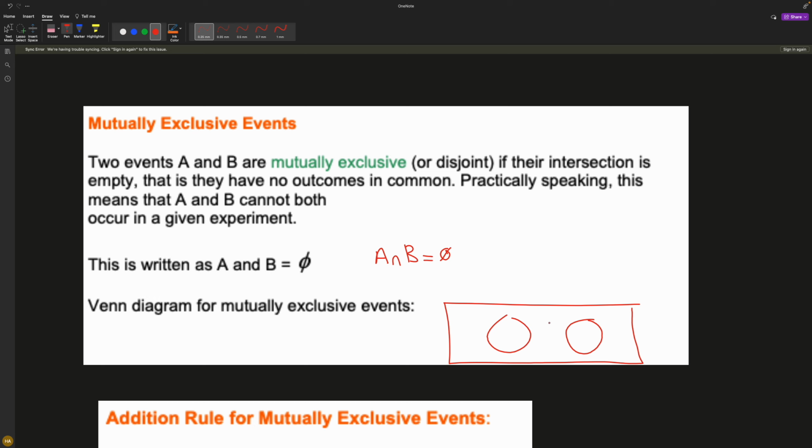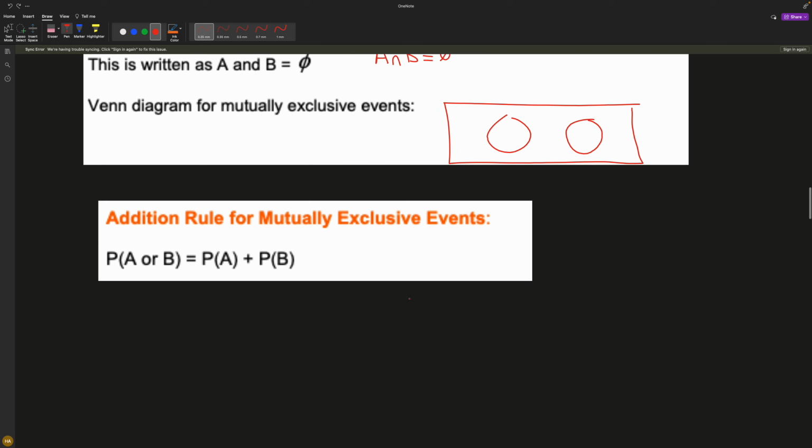Why? Because there's nothing in between. When you have two separate circles, the area in the middle would be your A intersect B. But since there's no area in the middle, their intersect is just nothingness. That's how you know they're disjoint.